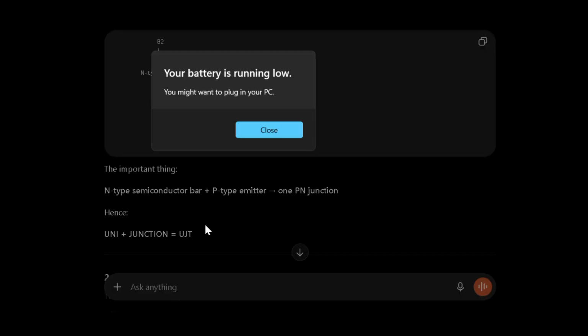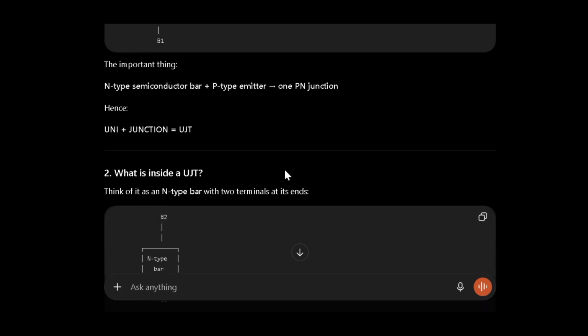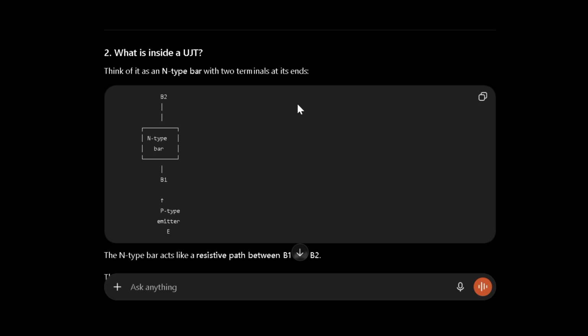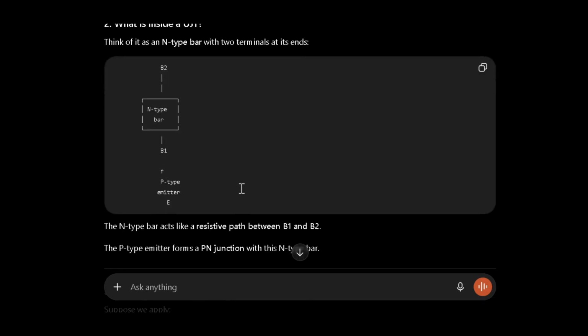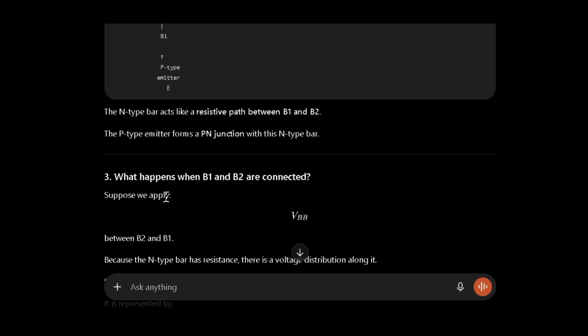In the unijunction transistor, VBB equals the voltage between B2 and B1, the voltage gradient. VD equals the forward bias of the junction, where the emitter is forward biased with the n bar. The peak voltage is called VP, with the formula Vp equals eta VBB plus VD, where eta equals the intrinsic standoff ratio.